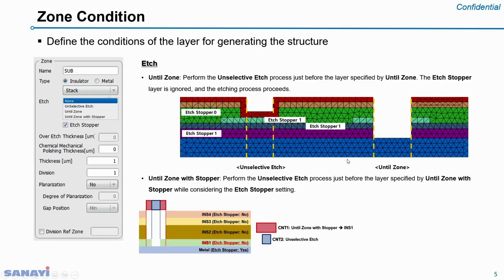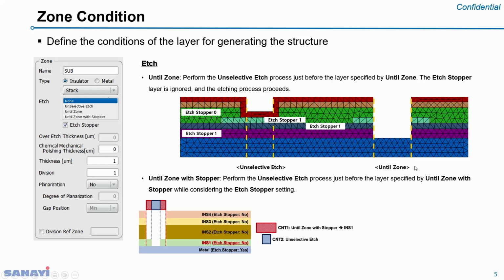This example is easy to understand about unselective etch and until zone. Etch stopper 1 means that the etch stopper is checked. So in the case of unselective etch, the etching process was performed just before the etch stopper.